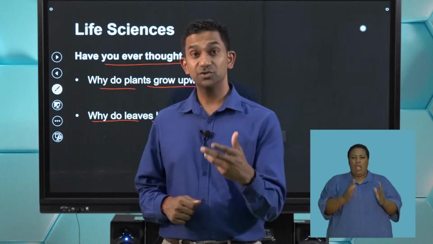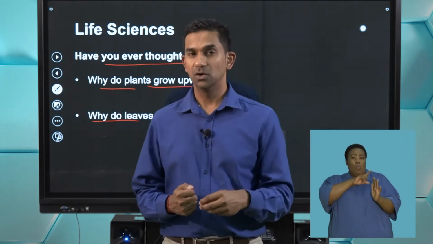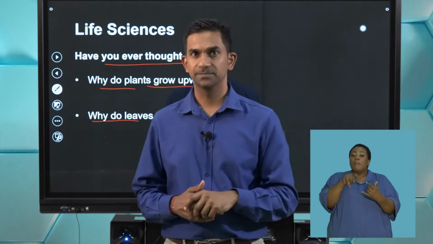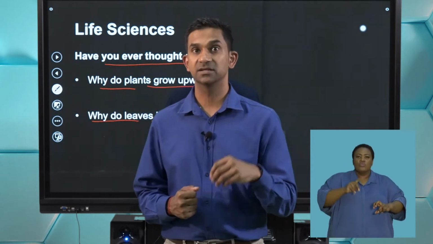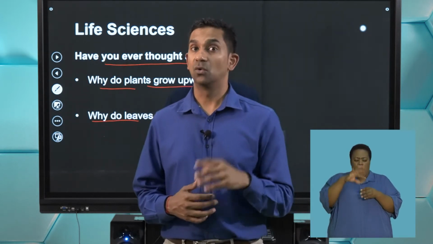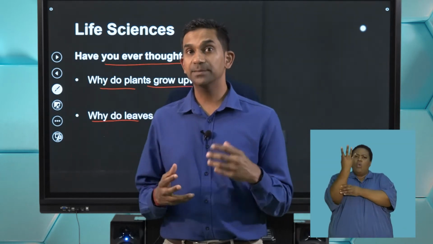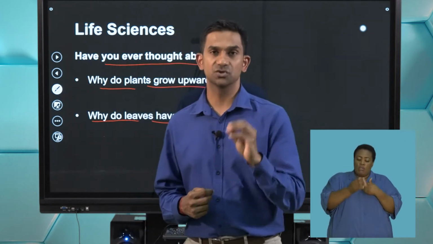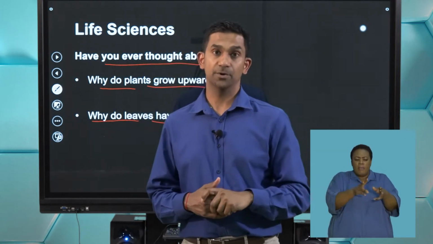And so for someone to be able to prove the reasons for why a plant grows up or why leaves are green, we've got to do a specific process called research, and we've got to carry out an investigation to actually determine the factors or the reasons why a plant has green leaves or why it chooses to grow upwards. And hence, let's look at that process today and try and understand the method behind trying to solve a question or a problem.